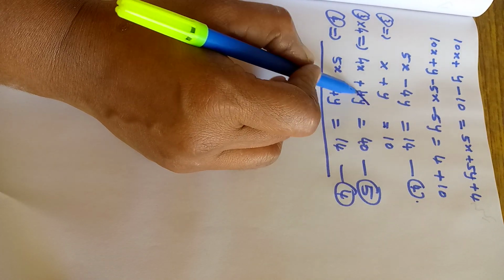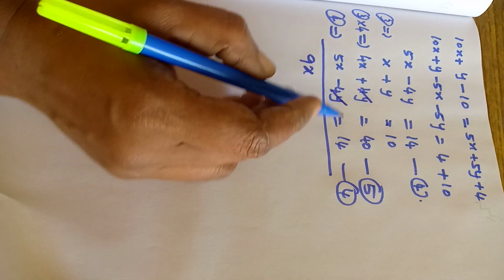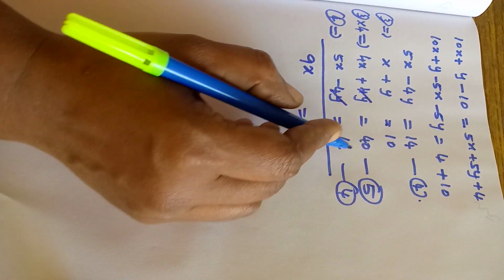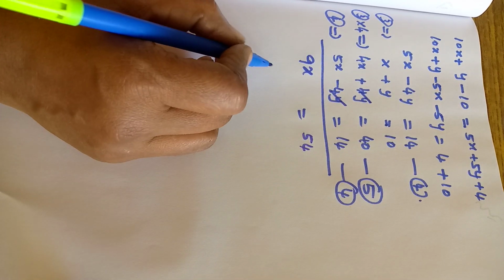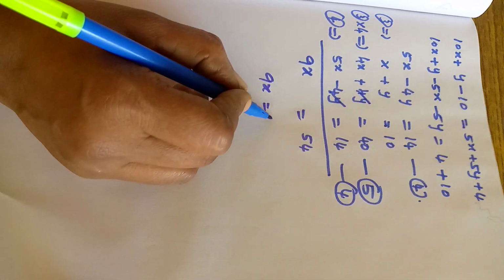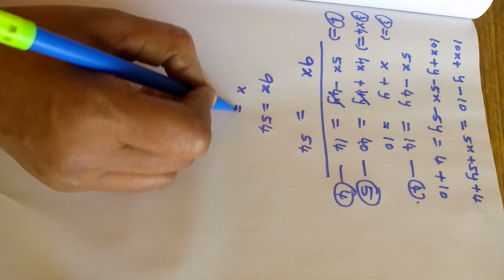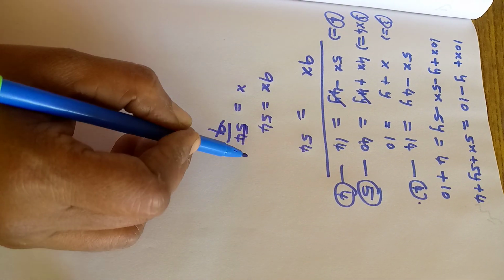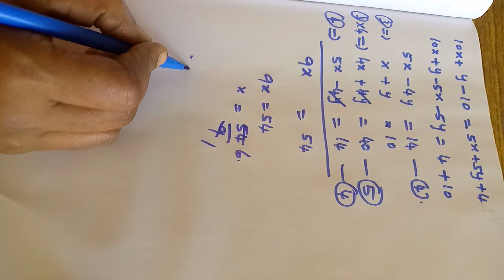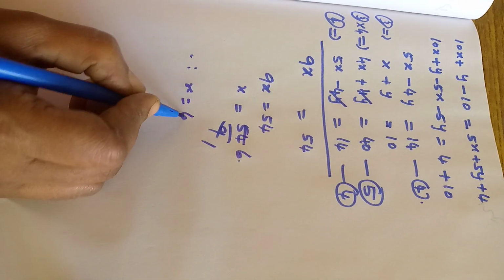The 4y minus 4y gets cancelled, 0, equal to 40 plus 14, 54. So 9x equals 54. x equals 54 by 9. 6 nines are 54. Therefore, x is equal to 6.